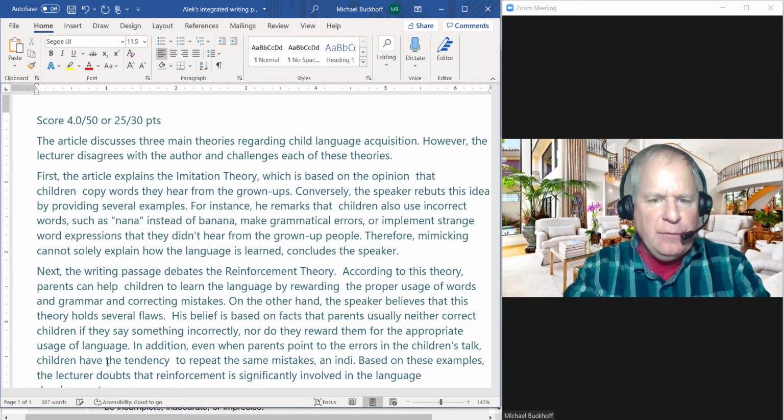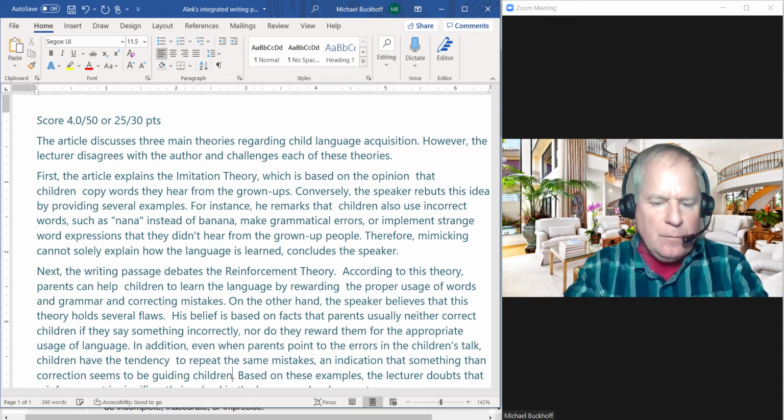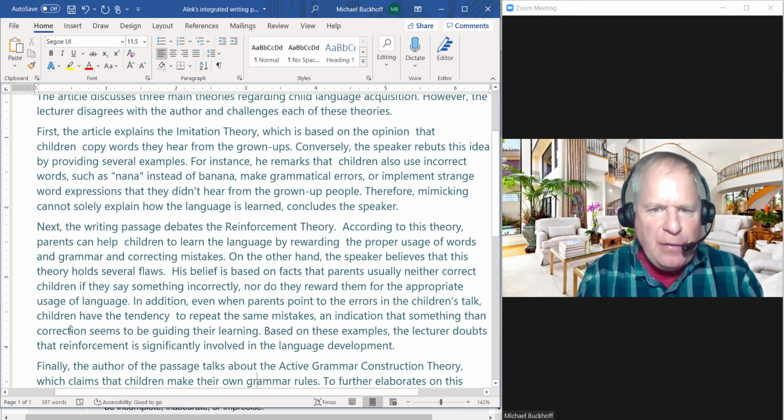Maybe an indication that something other than correction seems to be guiding... We could probably do this. Okay, I think it's good to put that in there to kind of clarify that.